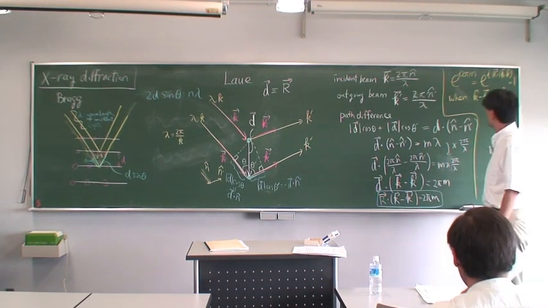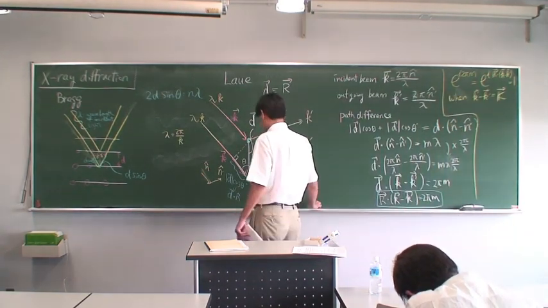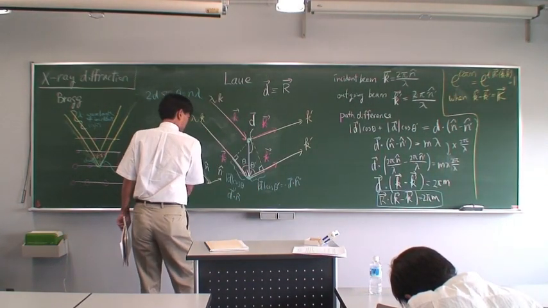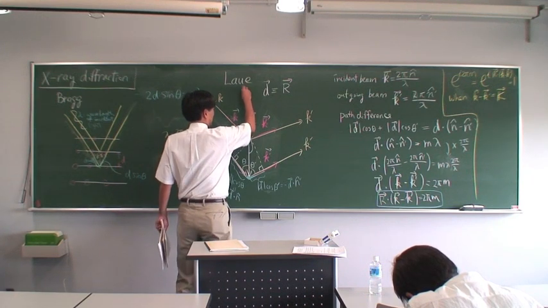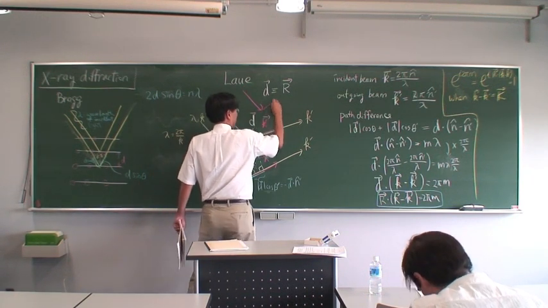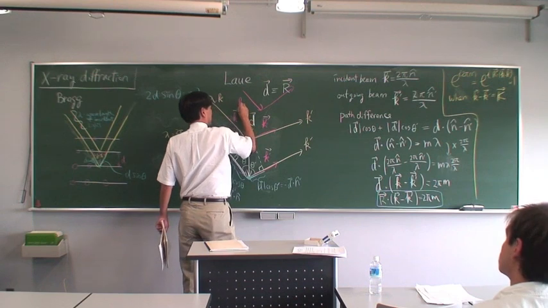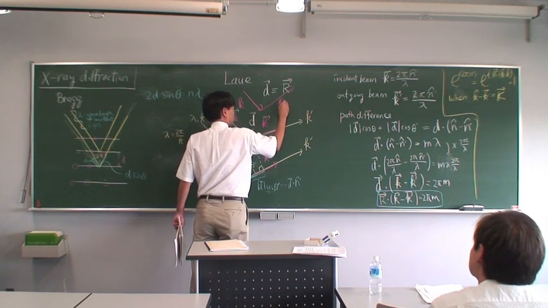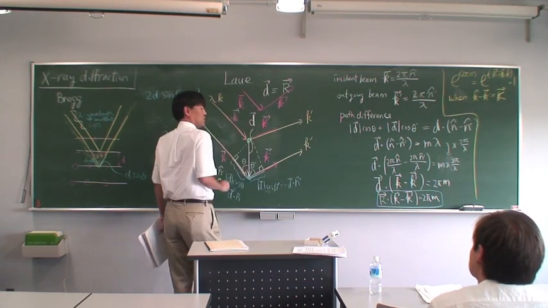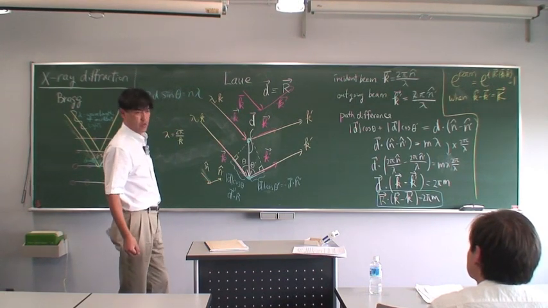What is k minus k prime? Here's k. Here's k prime. What is k minus k prime?